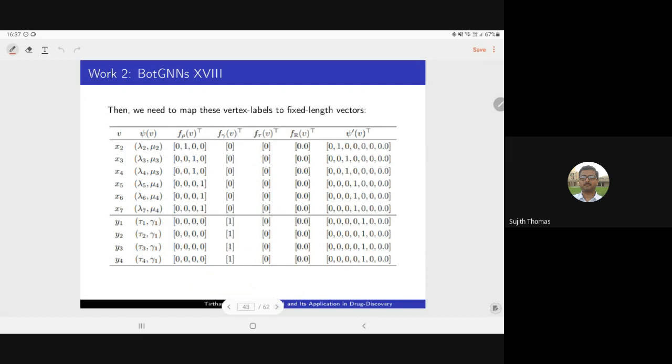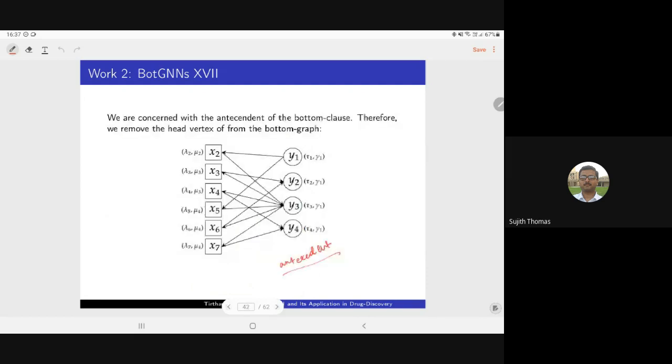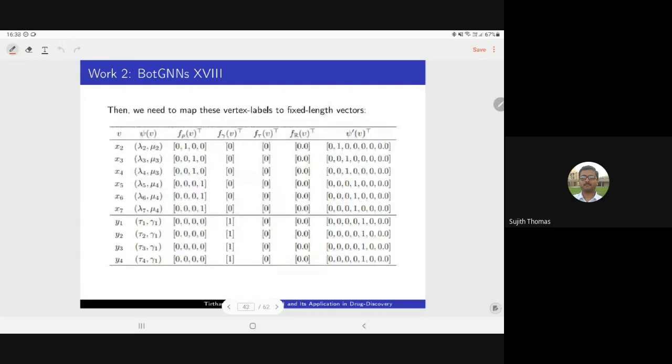Now the labeling, as I told you, each of those pairs, this lambda mu pair or tau gamma pair, will have to be converted to a fixed length vector. In this case, we proposed converting with 4 different functions. At this point it is not important what f, rho, gamma, tau, and r are, but in the end, for each pair we get a particular node vector.